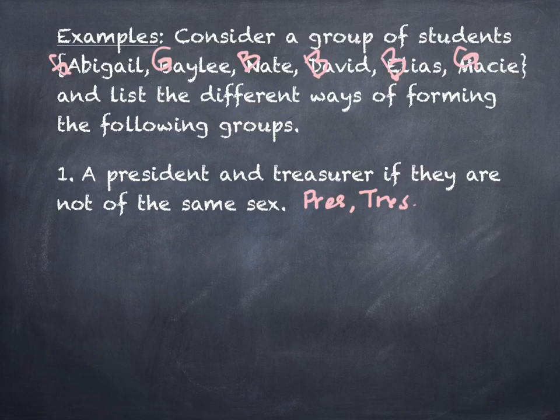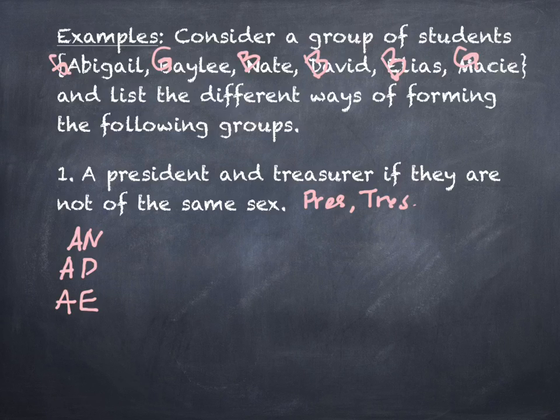So one option is that I have Abigail be president, and if Abigail is president, who could be treasurer? Any of the boys. So we could have Abigail and Nate, or Abigail and David, or Abigail and Elias. So these are the 3 ways that Abigail could be president. Make sense?